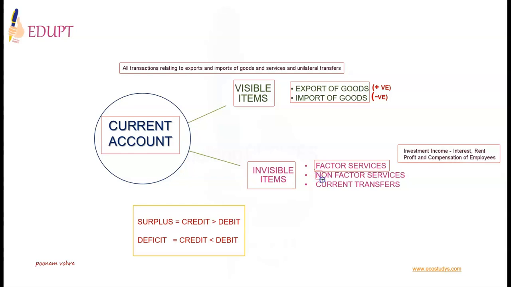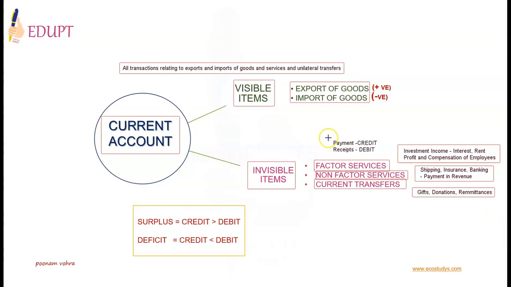Invisible items also comprise of non-factor services, that is, shipping, insurance and banking, and involves payment in terms of revenue. It also includes current transfers, that is, unilateral in the form of gifts, donations, personal remittances, grants and so on.